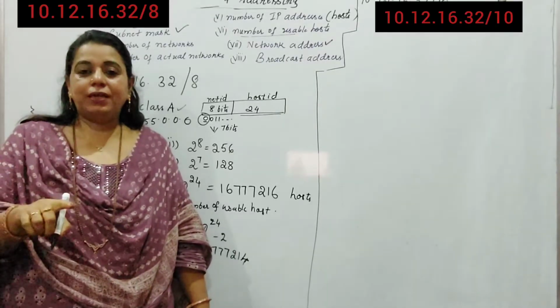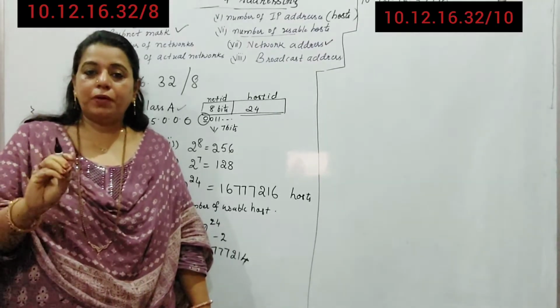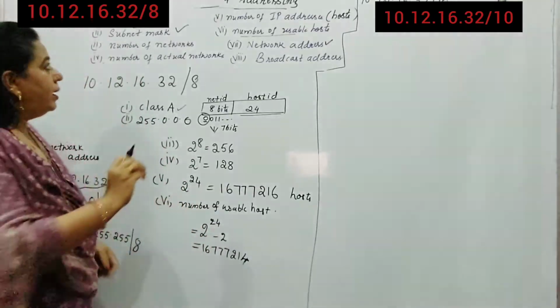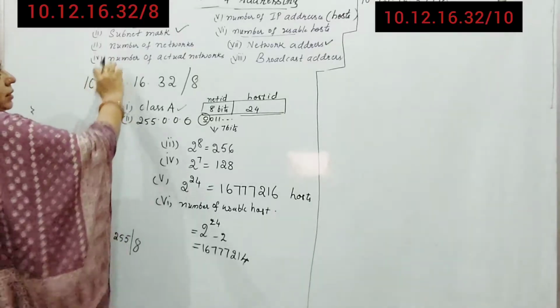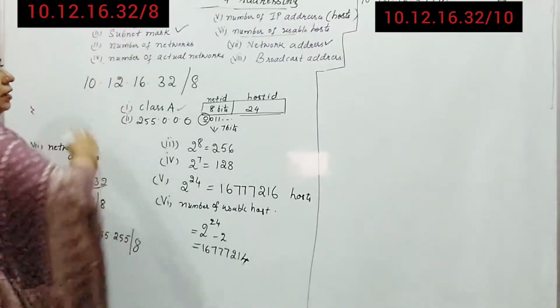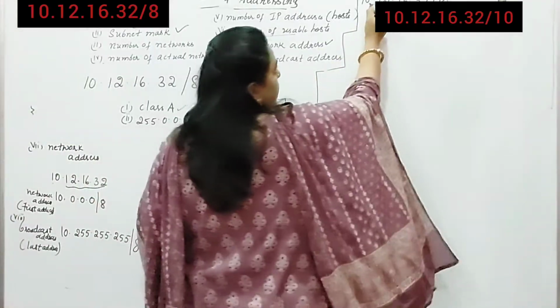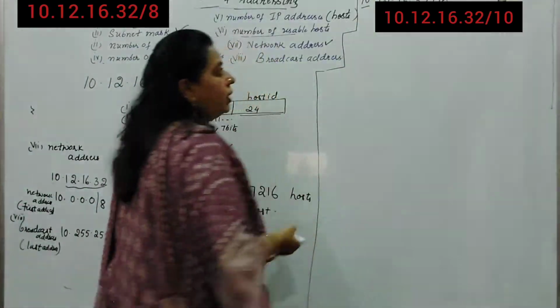If the prefix value is 10, that means the number of bits that are used to denote the network ID is 10 bits here. Earlier it was 8 bits and it was class A, so it is easy for you to immediately tell the type of the class. Now also it is easy for you to tell the type of the class because you will just observe the first byte.